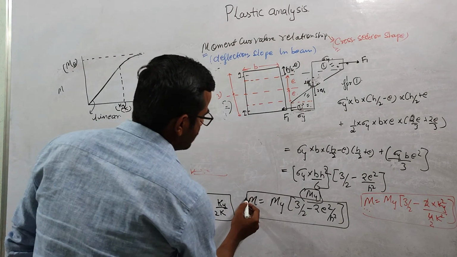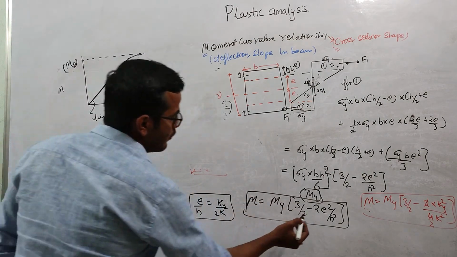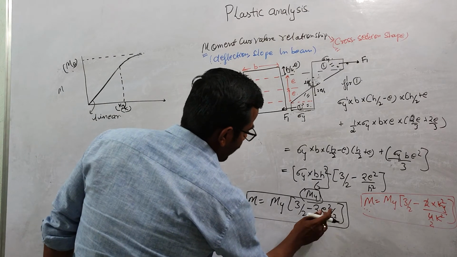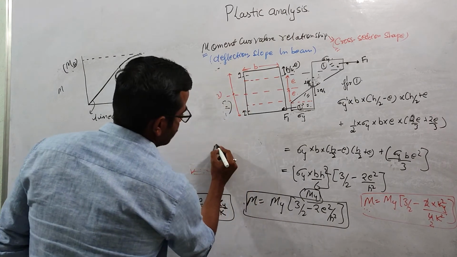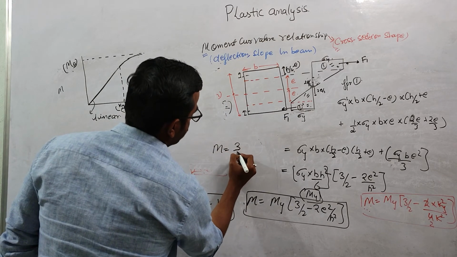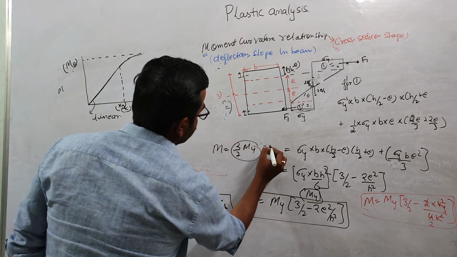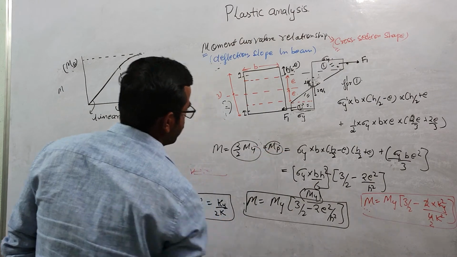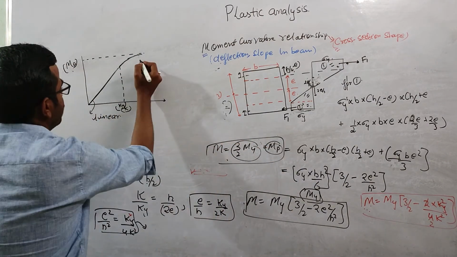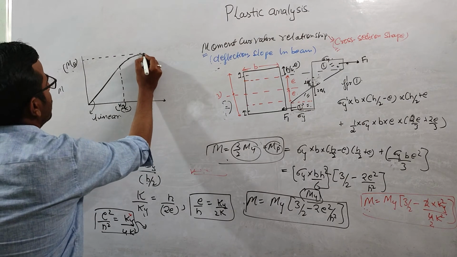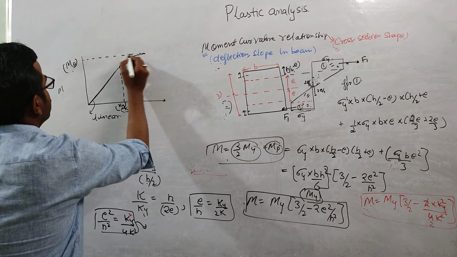And the moment which we are getting, if you apply E equal to 0 in this equation, then you are getting this relation M equals to 3 by 2 of My. And this is nothing but the MP value. This is the plastic moment. This thing we'll discuss later. Okay, so at this point, let us suppose this is the MP value.